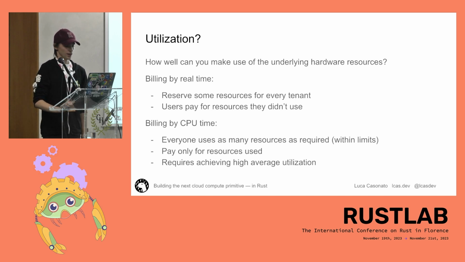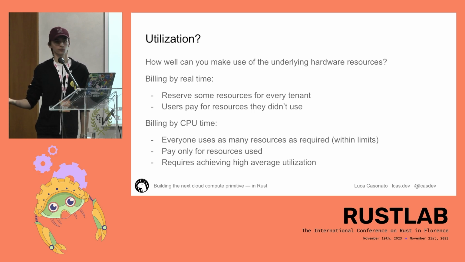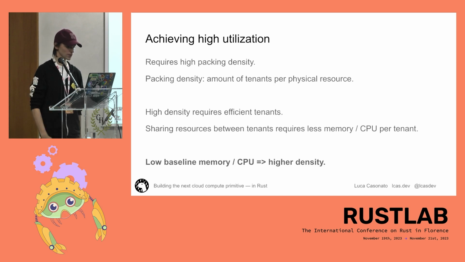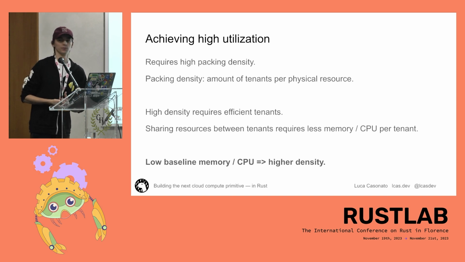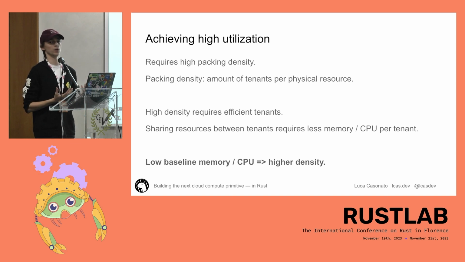So achieving good billing, the billing that's good for the user, means that there's more work that has to be put in by the host. And achieving this high utilization means that you need to achieve something called high packing density, which is the number of tenants that you can pack into your underlying physical resources. And high density requires that tenants are very lightweight. If you want to be able to pack 10,000 tenants into a machine that has 8 gigs of RAM, they can't each use 1 gig of RAM.